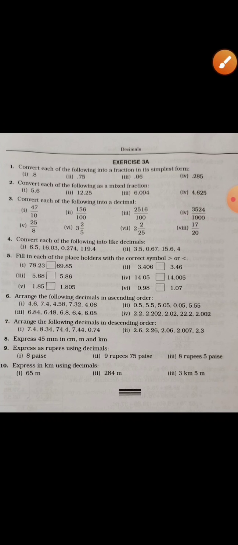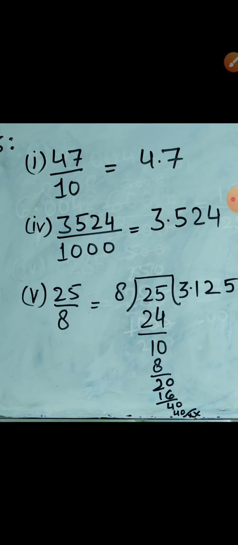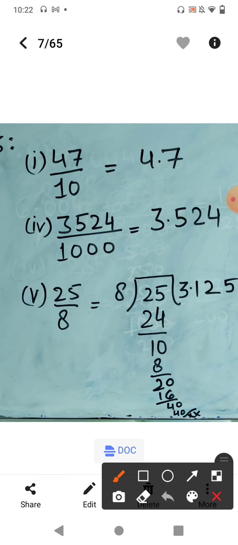Now come to the question number 3. Convert each of the following into a decimal. So we already have done when we divide by 10, 100 or 1000. Means if there is 10, 100, 1000 in the denominator, so what we do? We just put the decimal before according to the number of zeros in the denominator. See, 47 is there.